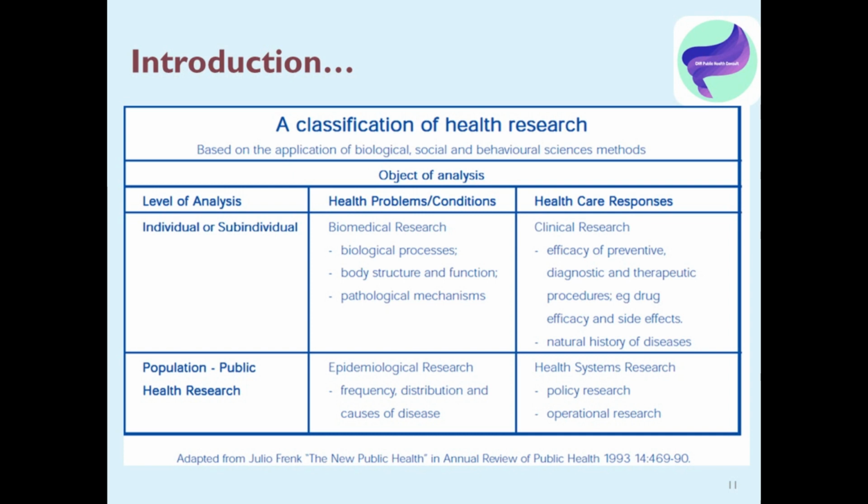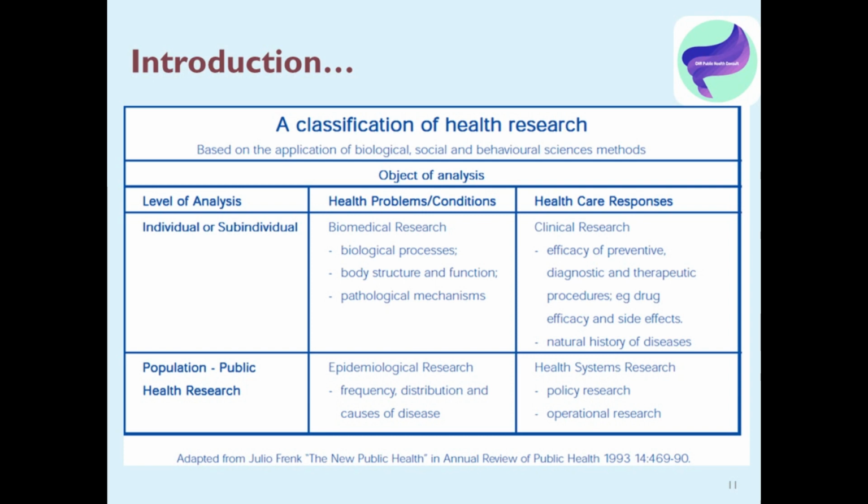By level of analysis, health research can be done or analyzed at individual and sub-individual level or at a population level, for example, in population health research. By health problems or conditions, health research can be biomedical research or epidemiological research.